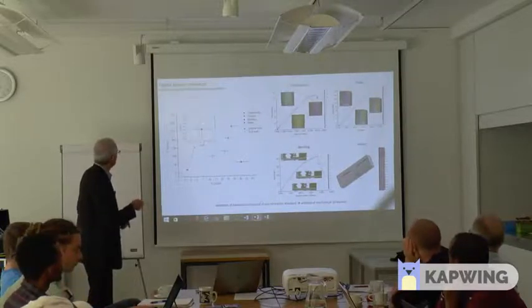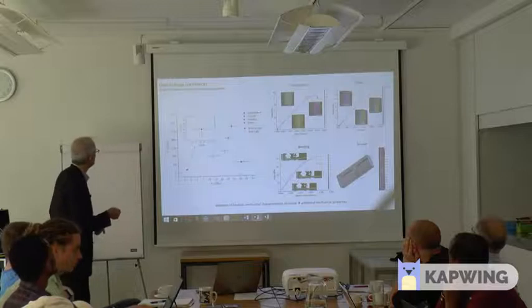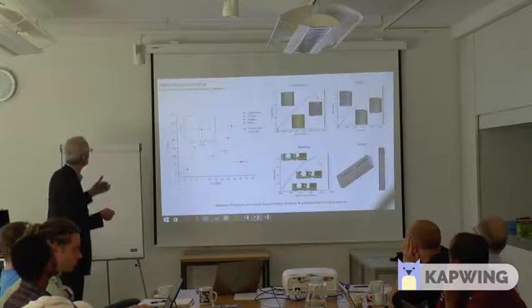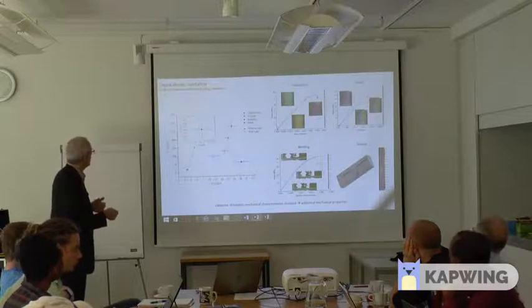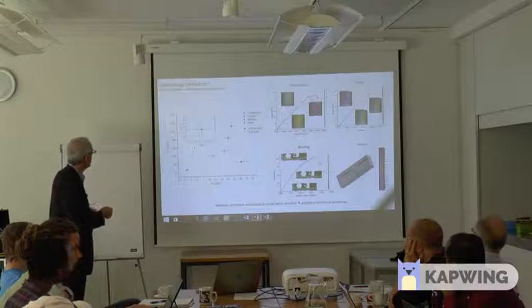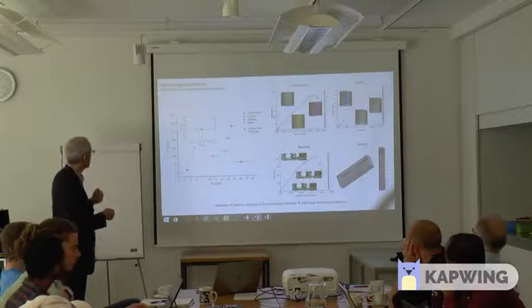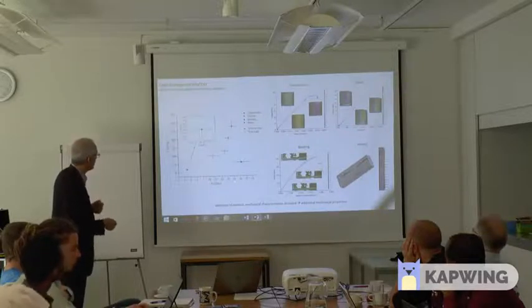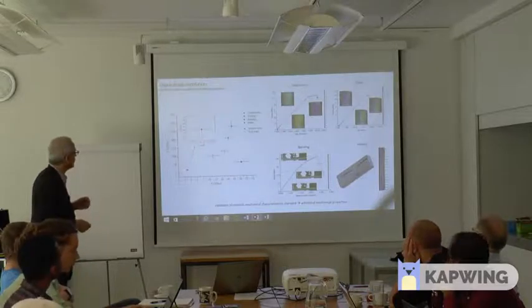Then we see that the behavior is very interesting. For direct tension in the case of bamboo, no matter if it's treated or not treated, of course there is a standard deviation here, but it can go up to 250 megapascals of direct tensile strength and also around 18 gigapascals for the modulus of elasticity.